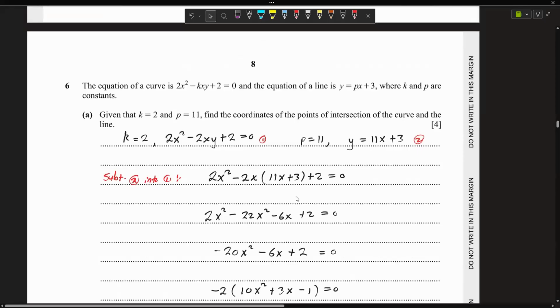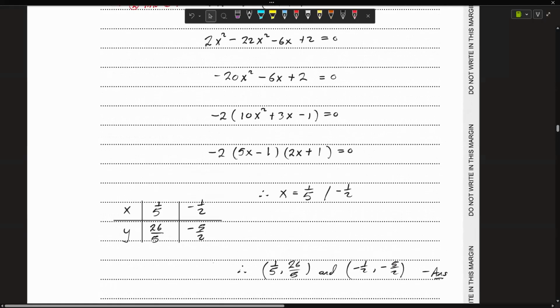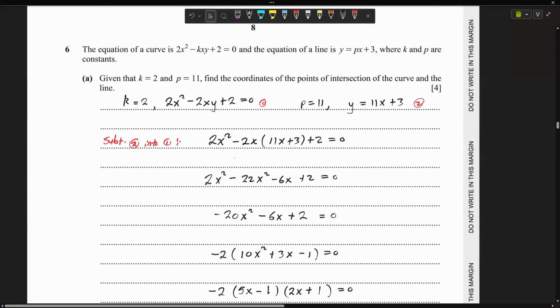According to the question, they say the coordinates. So therefore, the coordinates are a fifth and 26/5, then -0.5 and -5/2. So these are your answers. That's how we answer 6 part A.